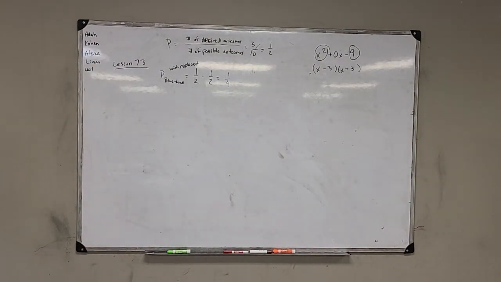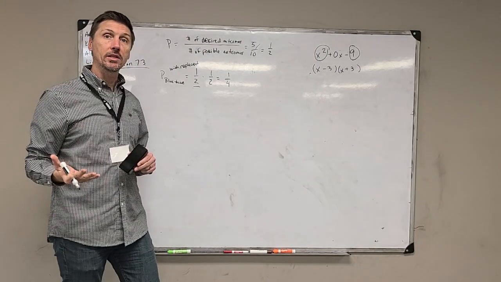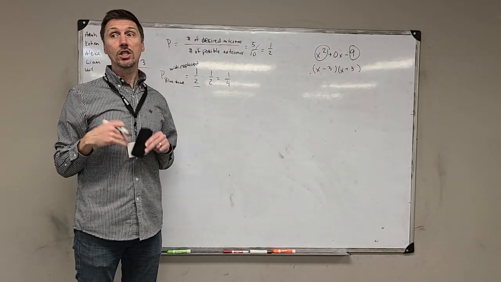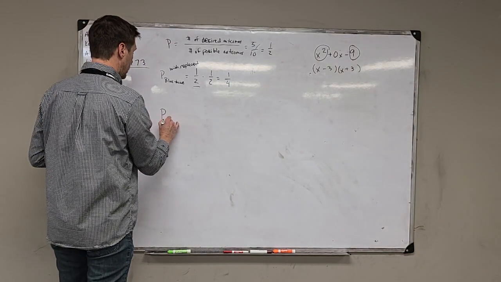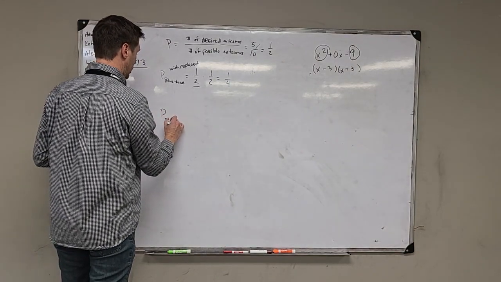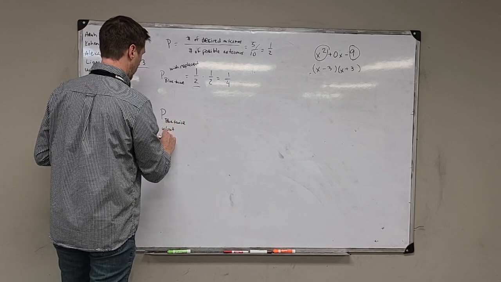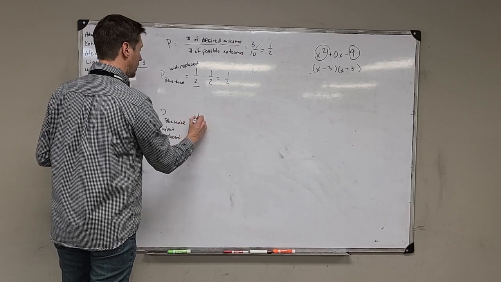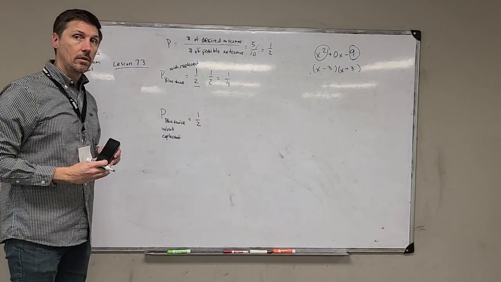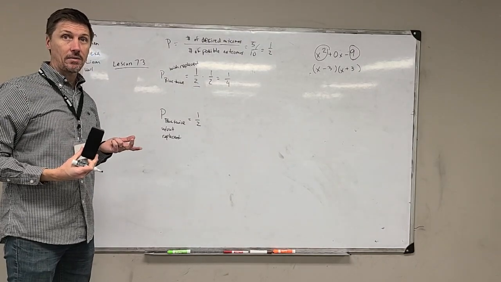But now what if I don't put the blue marble back? Does everybody see that if I don't put the blue marble back, this first probability is going to be the same, but I've changed the conditions for the second probability, right? So if I do the probability of blue twice, and this one's without replacement, then the first time it's 1/2, but the second time, if I kept the blue the first time, I've got one less blue.